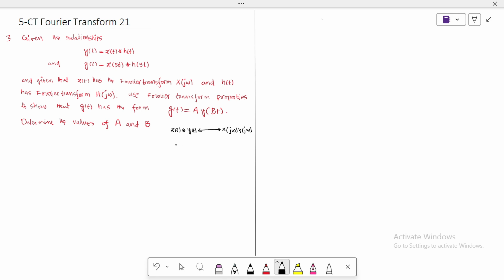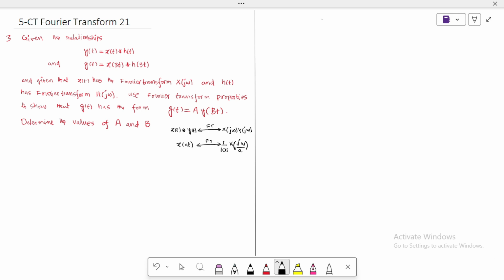And the scaling property: for x of at, the Fourier transform equals 1 by mod a into X of j omega by a.